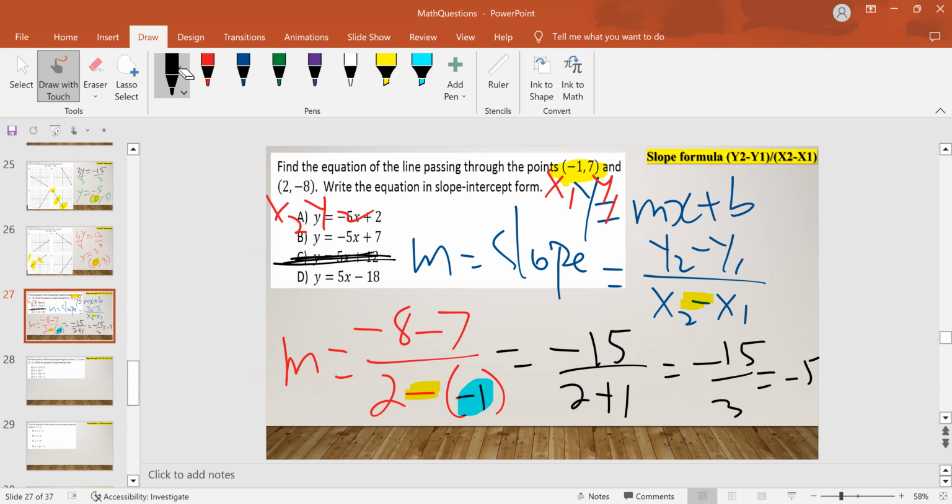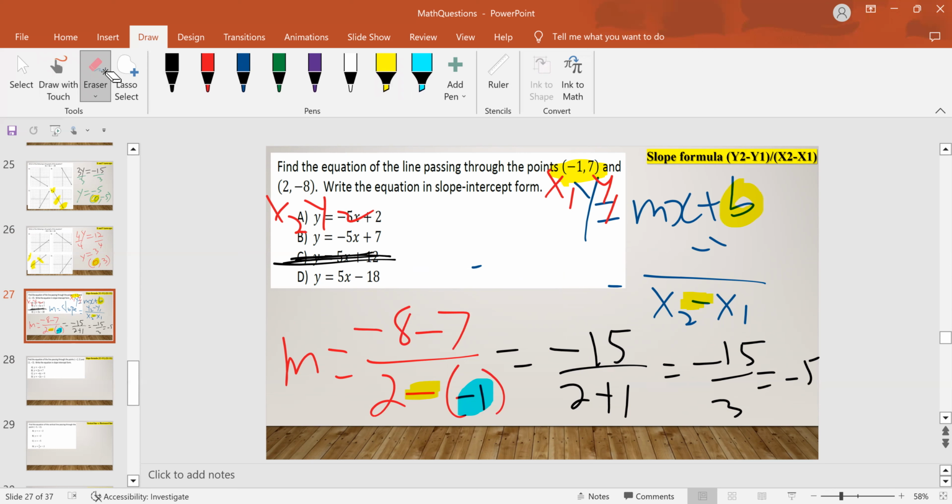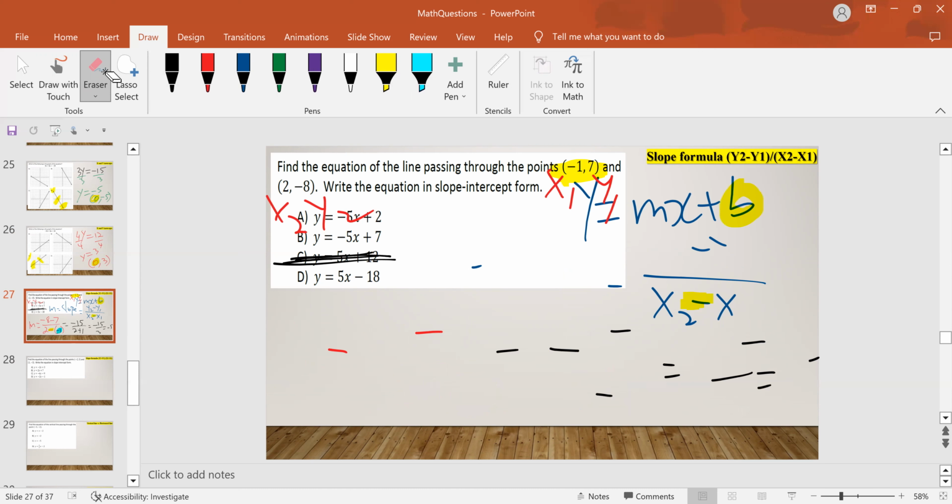To find the y-intercept, which is the b, this b represents the y-intercept. Okay, so to do that, I need space. So let's take this out. I will use my slope, which is -5. I will plug into the formula y equals mx plus b, and I'm going to replace x and y by one of the given points.